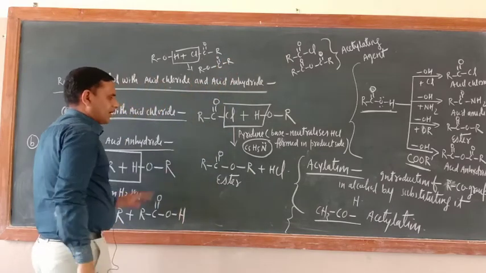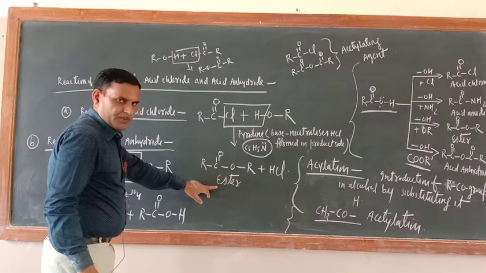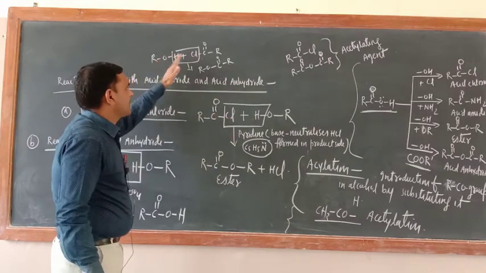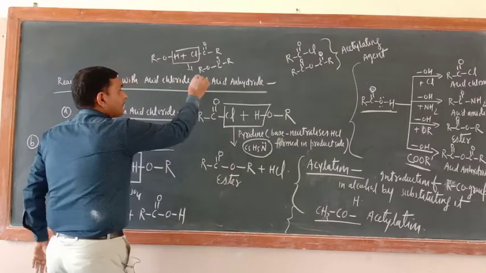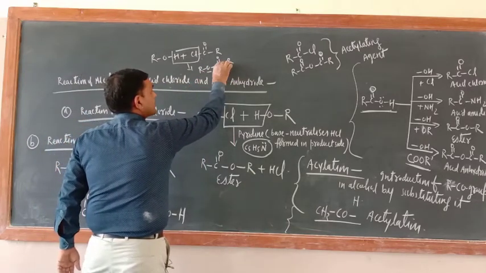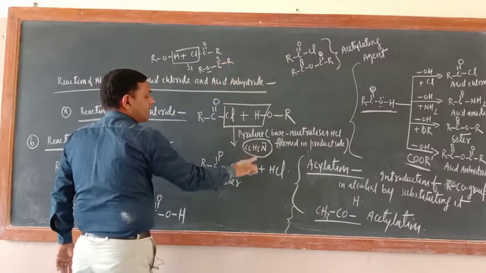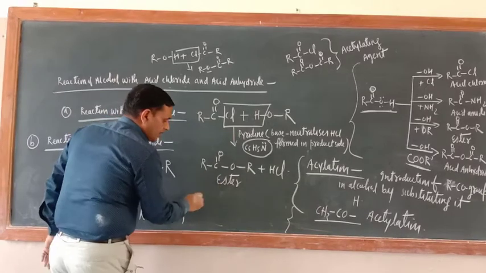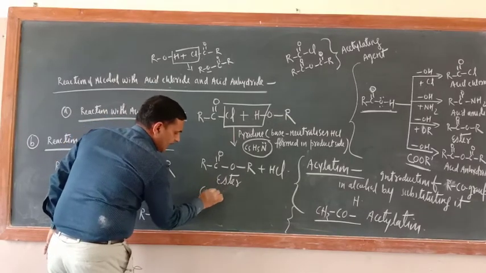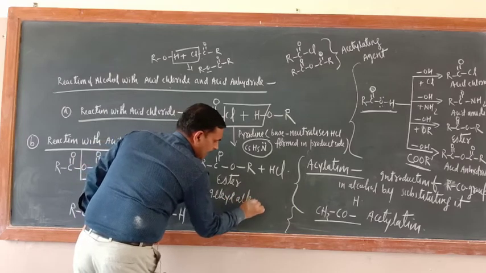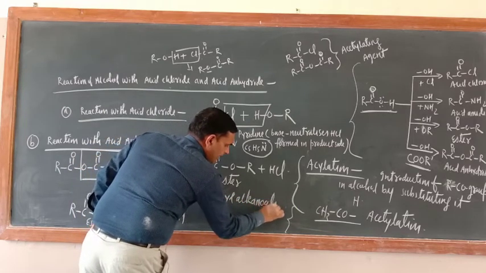Remember, don't get confused. In IUPAC you can write first this one or this one, or you can write alcohol first. While naming an ester in the IUPAC system, the R bonded with O is known as alkyl, followed by alkanoate.